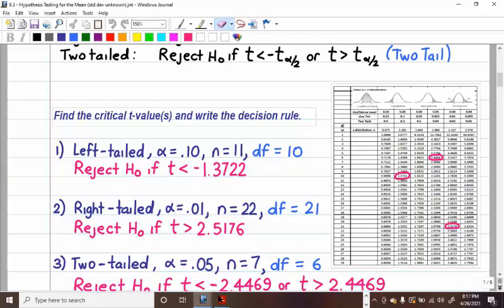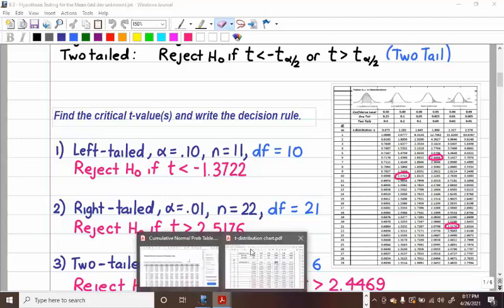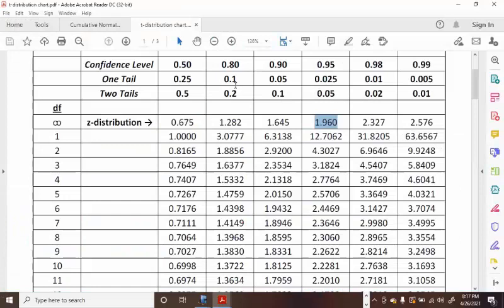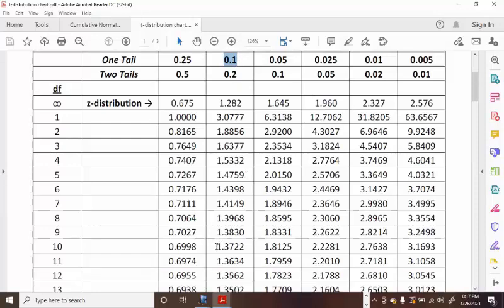So let's go to the big chart here. 0.10, one-tailed, because left-tailed, 10 degrees of freedom, right there. But because it's left-tailed, we must put a negative in front of that number. Negative 1.3722.